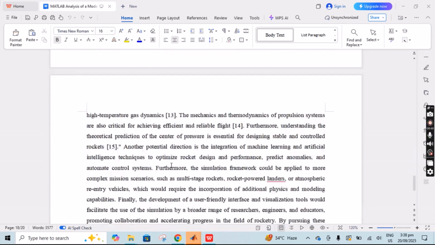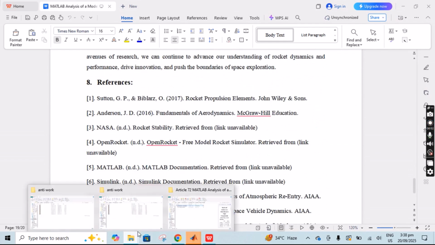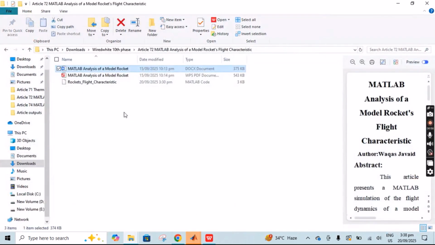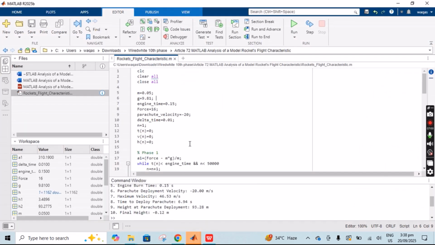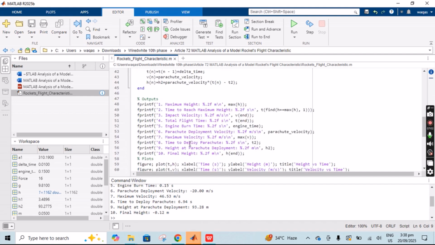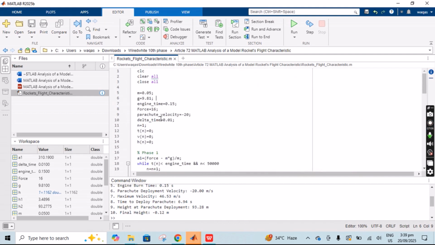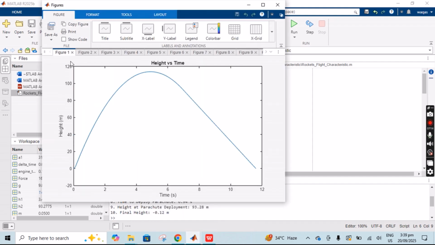See, the future work and references are added, and here, yes, this one is the MATLAB code I have added in it. This is the MATLAB code for the rocket dynamics according to different phases. When we run it, we will get the complete phases, like height versus time.